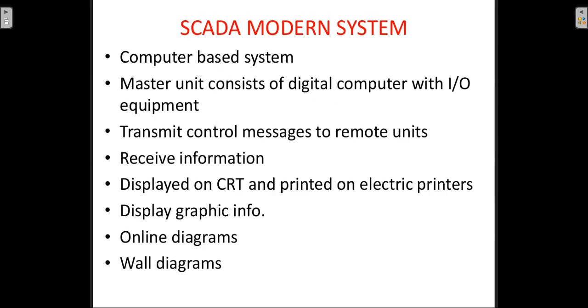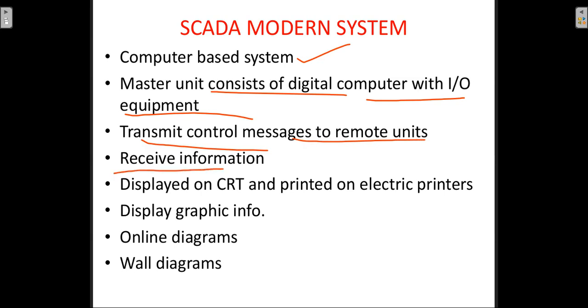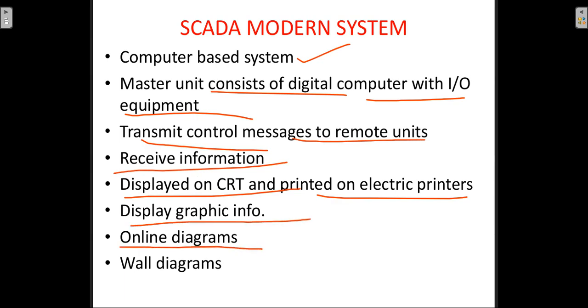Now in contrast to the earlier SCADA systems, what we have in the modern system is a computerized system. Master units consist of a digital computer with IO equipment, transmit control messages to the remote units, receive information, display it on CRT and print it on electronic printers, with graphical info, online diagrams, wall diagrams.